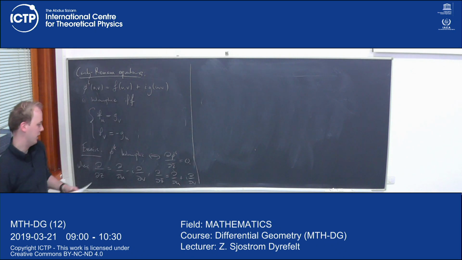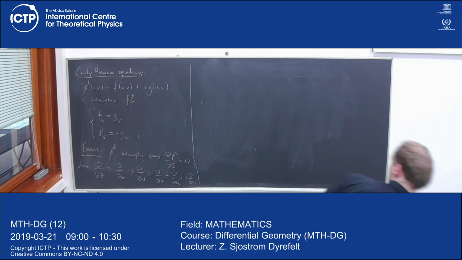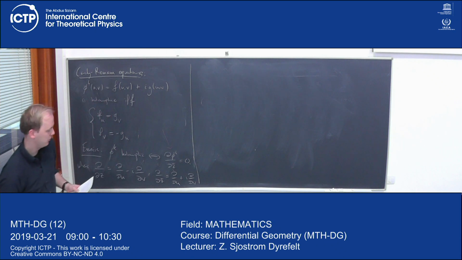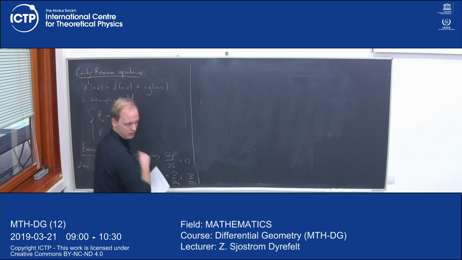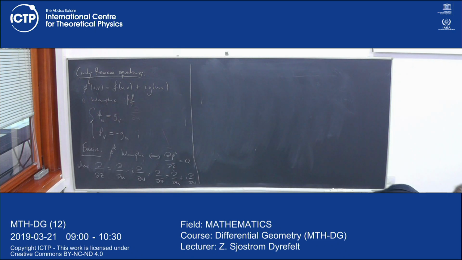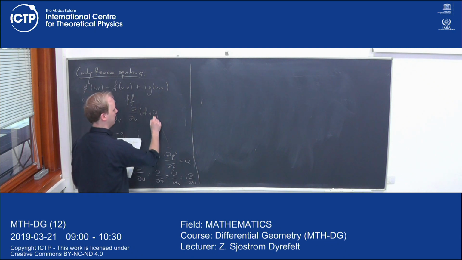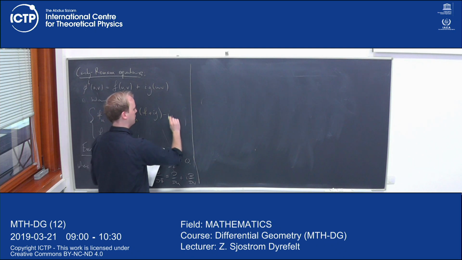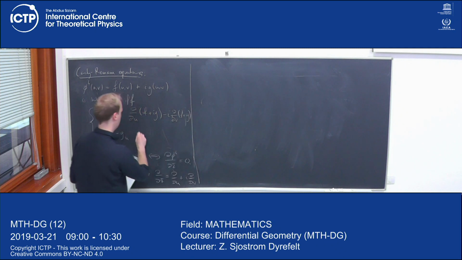And so you can easily see, to check this, let's do it quickly. So this thing here, what would it amount to? It amounts to taking, can you see this? Maybe I'll take the yellow one. So it amounts to partial u of f plus ig minus i partial v of f plus ig.